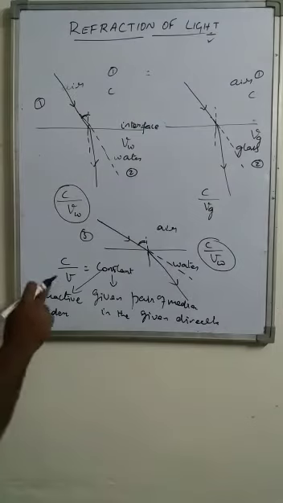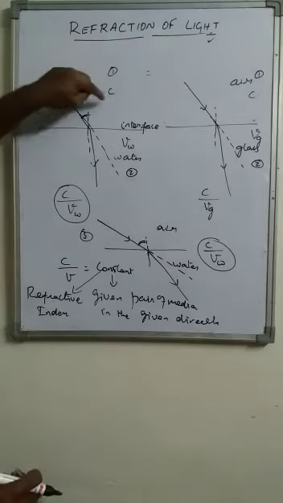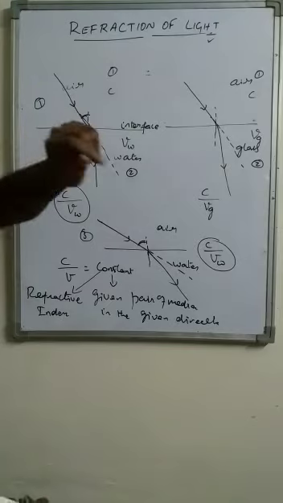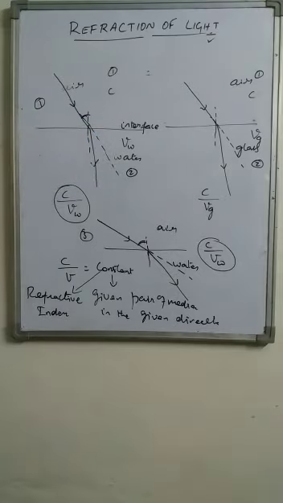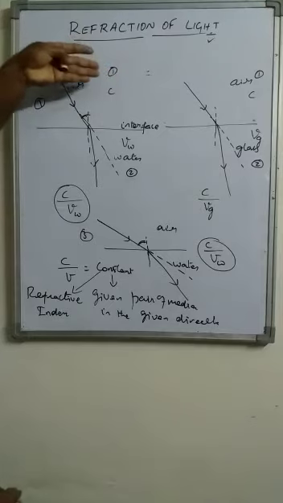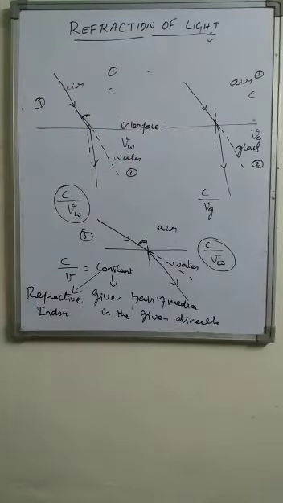This refractive index, when we study about the refractive index, we must know about the two media, because it is not the property of a single medium. Here two media must be present. We must consider in which medium light travels and in which medium it enters.